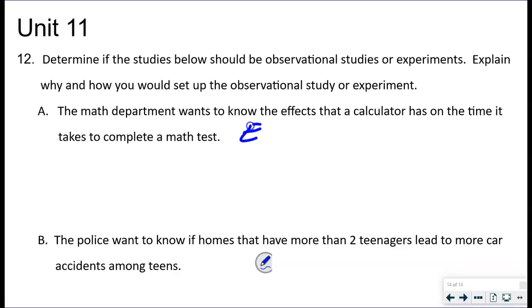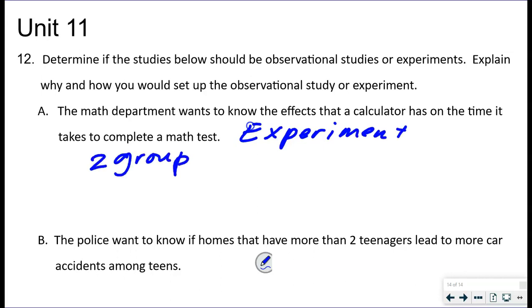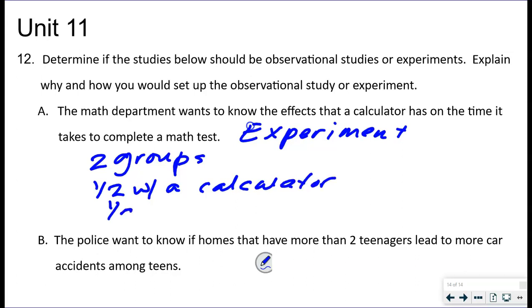I would do it as an experiment, and what I would do is I would have two groups. I would break the people up into two groups, and then I would do half with a calculator, and I would do half without a calculator. And then I would compare the outcomes, right?